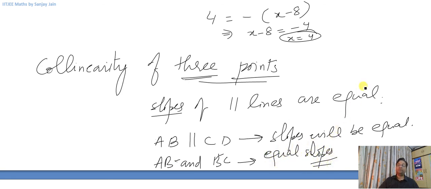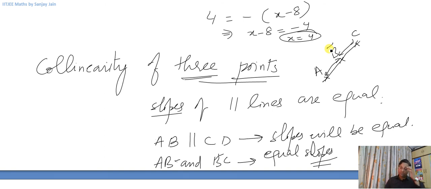Then what will be the situation? Now this is A, this is B. Then C will have to lie on this line, because AB and BC have got one point in common, that is B, and they have got equal slope. So B lies on this AC, and A, B and C are collinear points.